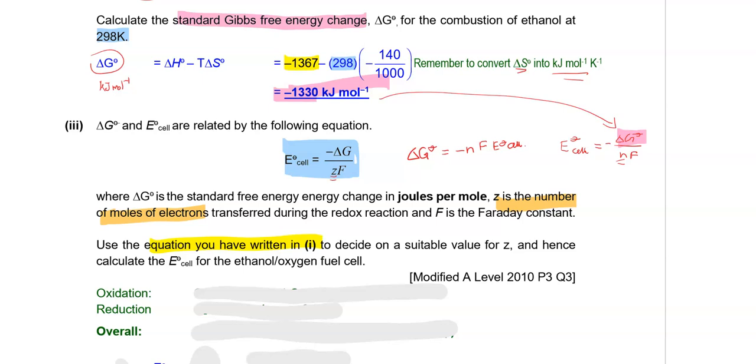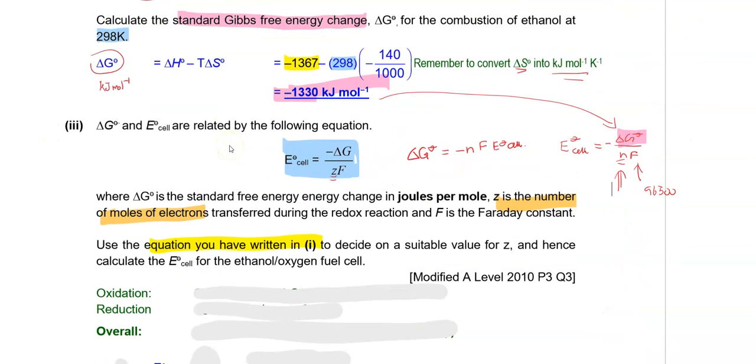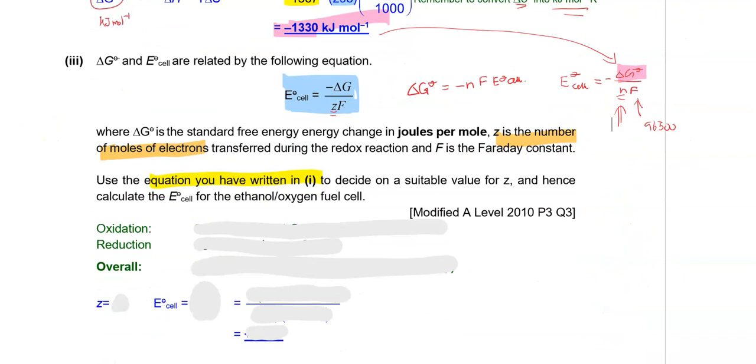Okay, we know Faraday's constant, 96500, which means the only thing we need to know is the number of moles of electrons transferred per mole of reaction. So it's for this reaction on top in part 1. Are we able to look at this equation and tell how many moles of electrons are being transferred? Alright, not likely. And as a result, it's necessary for us to consider the half equations.